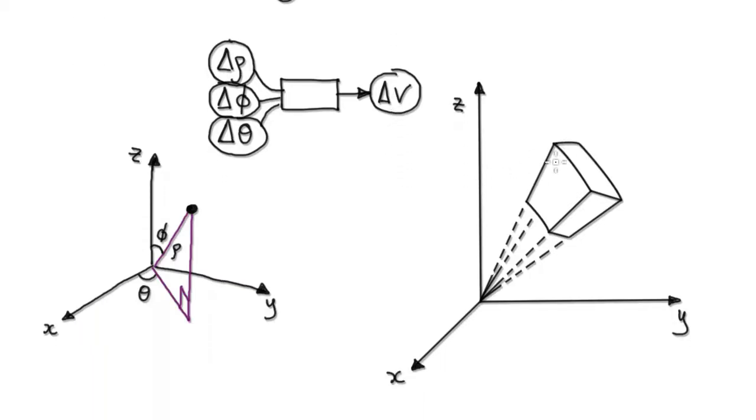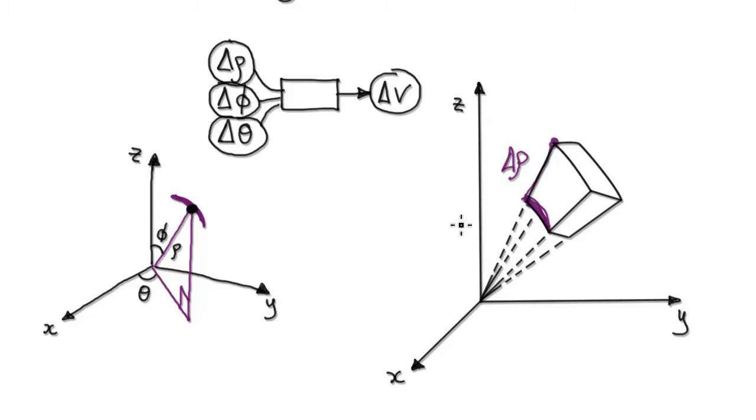this length here is given by delta rho, because it's just a straight length. So this length here is delta rho. It's a change in the radius of the sphere. If you want to know this length here, remember, as you swivel this angle here, this length here represents this thing here.